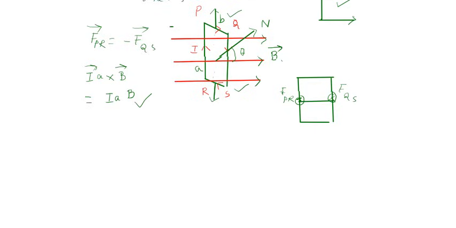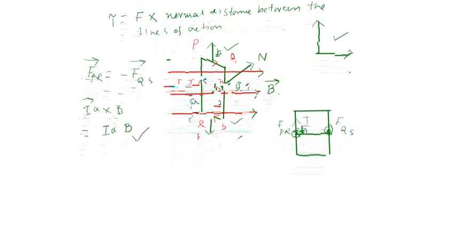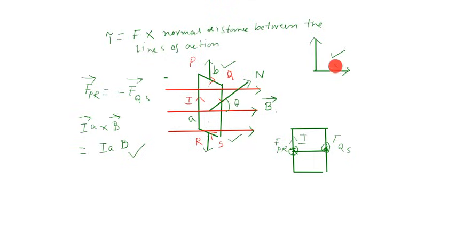If we consider the current flowing like this, then the normal distance between these two will be maximum. But when the plane is perpendicular to the magnetic field, both lines of action will be the same, and there will be no torque acting.